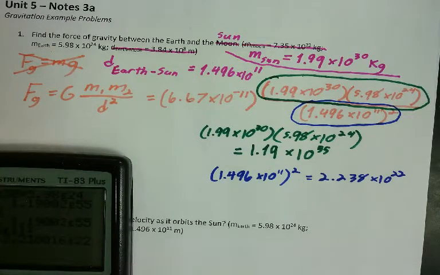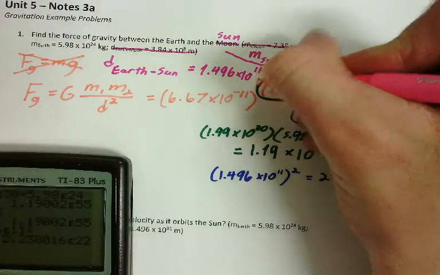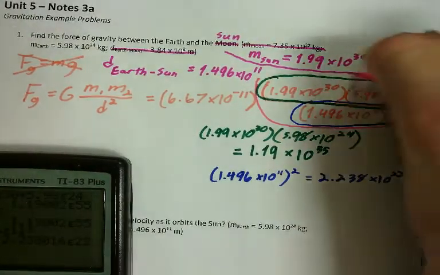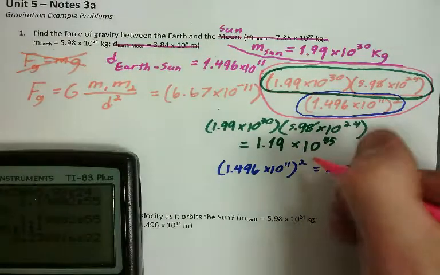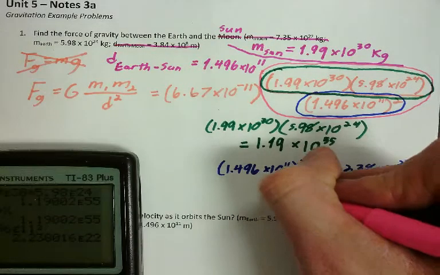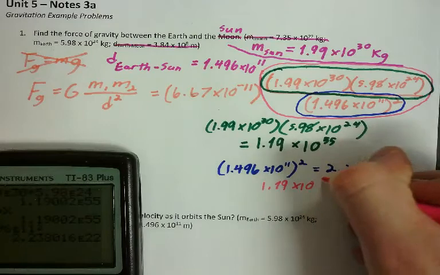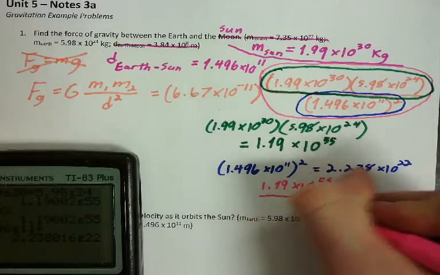New colored marker, I choose you. Now, we need to combine the top and the bottom. So, here is my top number, 1.19 times 10 to the 55th, divided by the bottom number.